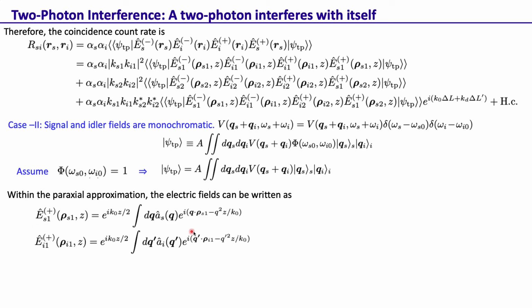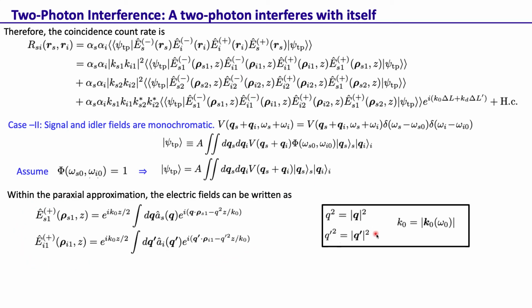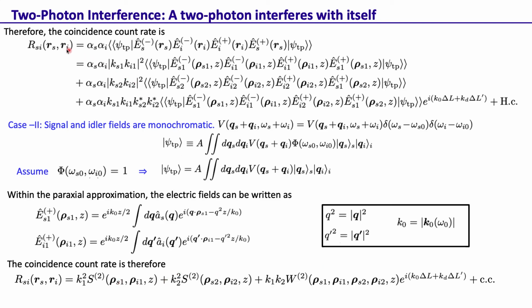Again, the modal expansion here, and the way that we carry out the paraxial approximation is exactly the same as we do it for the classical fields. So these are the electric field operators within paraxial approximation. So we assume this for the two photon state and the paraxial approximation for the electric field operator, and with that we can write the coincidence count rate like this.